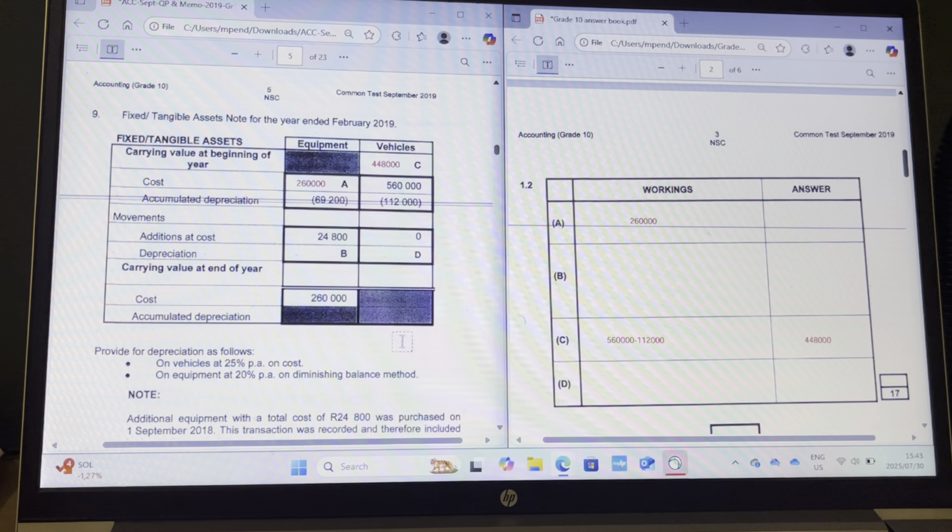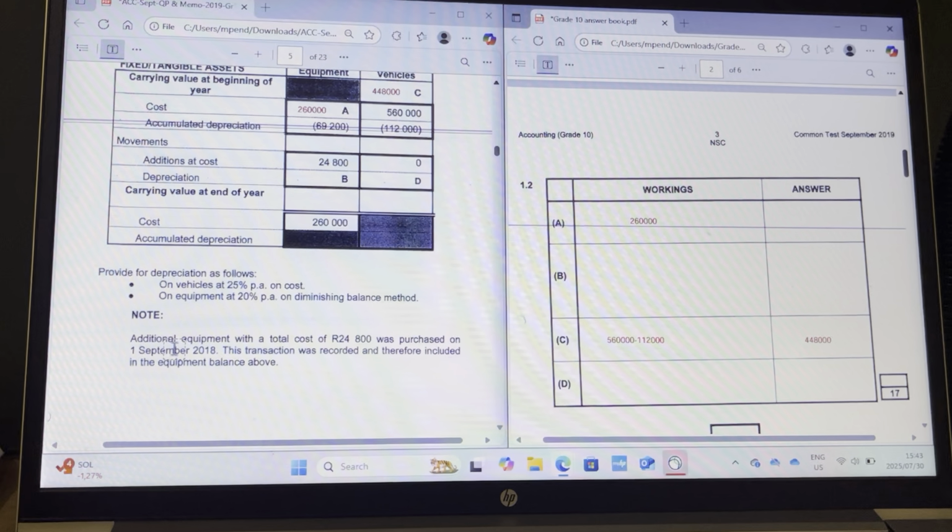Let's go to the value of B. We need to calculate our depreciation for the current year. We are told that we provide for depreciation as follows. We're looking for equipment: it's 20% per annum on the diminishing balance method. Okay, cool. So we have a note here which says that additional equipment at a total cost of 24,800 was purchased on 1 September 2018.